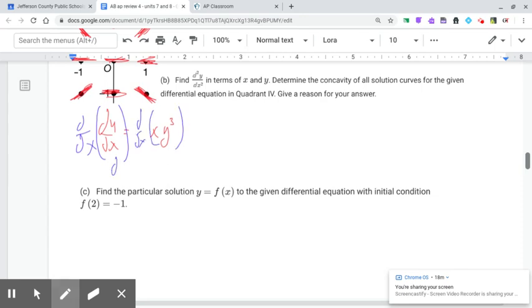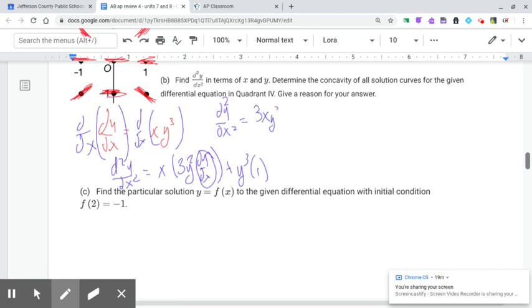That means I'm going to get the second derivative on the left, and on the right, I'm going to use a product rule. First stays the same. Derivative of y cubed with respect to x is 3y squared dy dx. Don't forget to use the chain rule. Plus, second stays the same, derivative of the first.